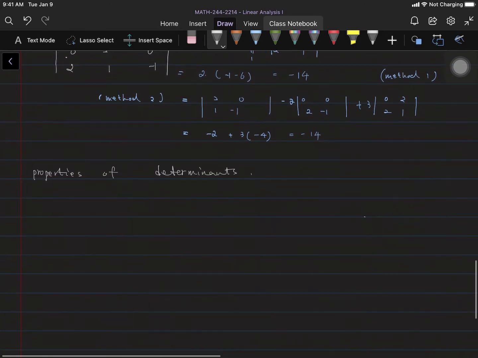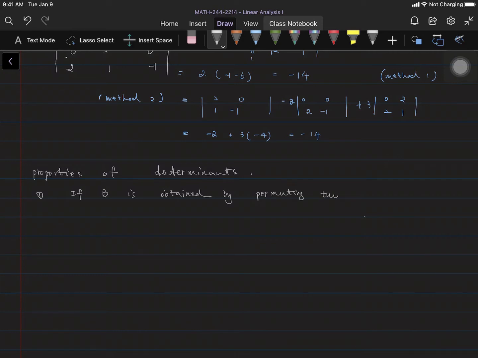The first one: if the matrix B is obtained by permuting 2 rows, it's like a row operation before, right?